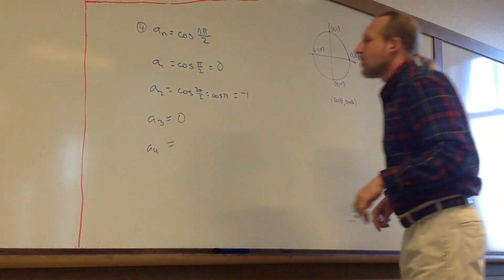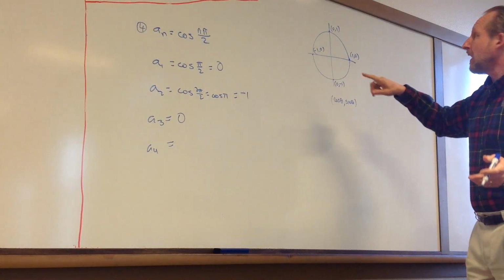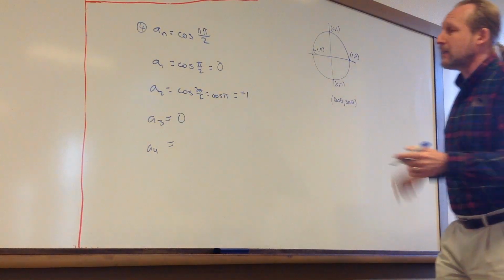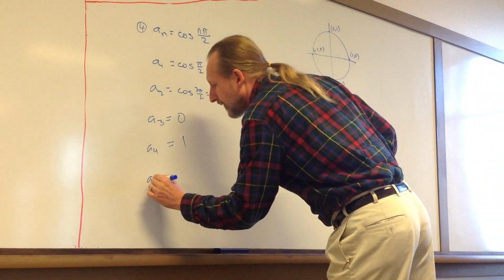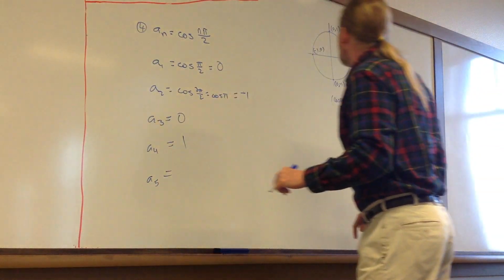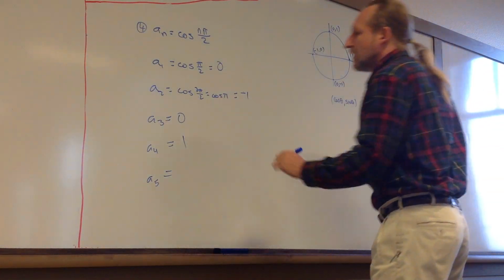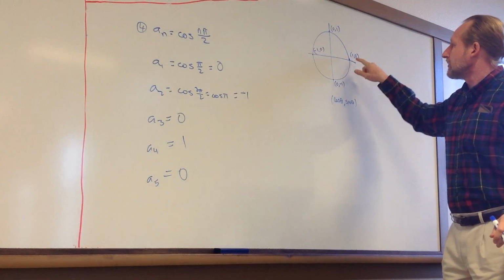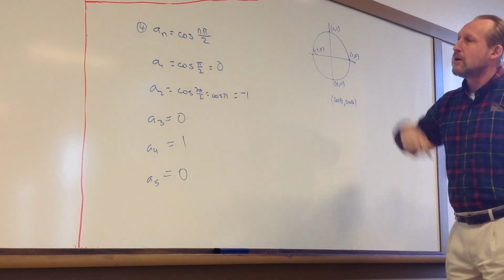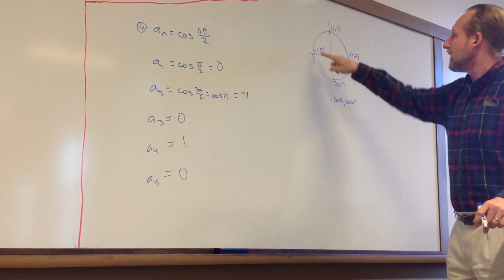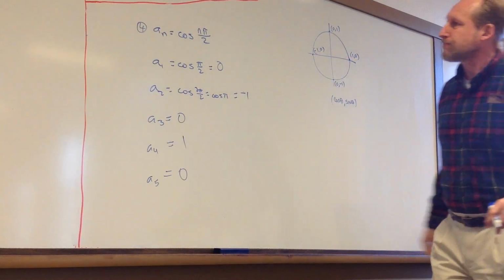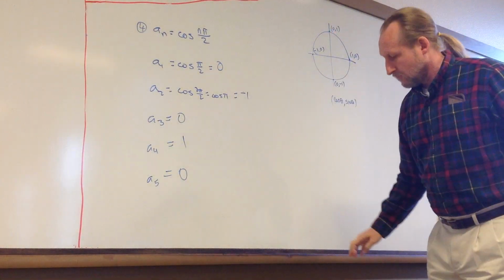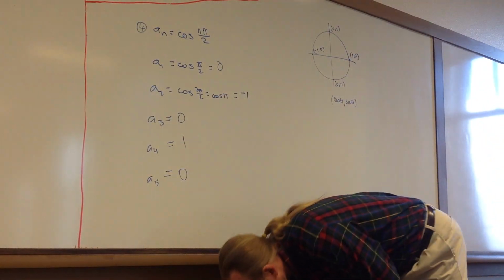A sub 4 is the cosine of 4 pi over 2, which is cosine 2 pi, which is 1. And then the last one, a sub 5, will be another 0. We're just going in a circle like this. It's just going to repeat these 4 numbers, 1, 0, negative 1, 0, and so on. Okay, so that's problem 4.